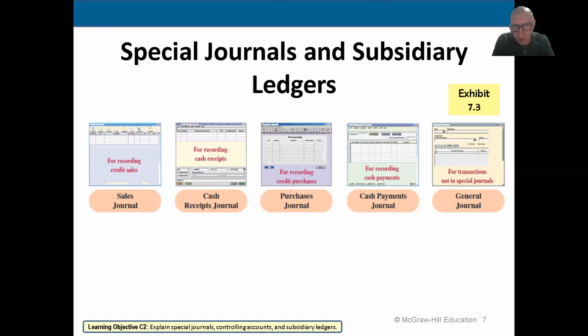Subsidiary ledgers are individual accounts. Think of your chart of accounts. The chart of accounts has all of the accounts listed out that a company would use. Examples would be cash, accounts receivable, property, plant, and equipment. Those are your assets. And then just underneath that, you have your liabilities and equities.